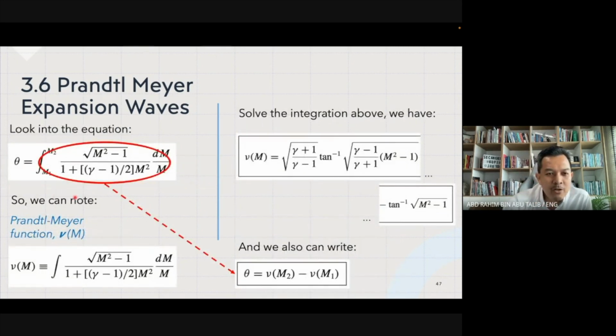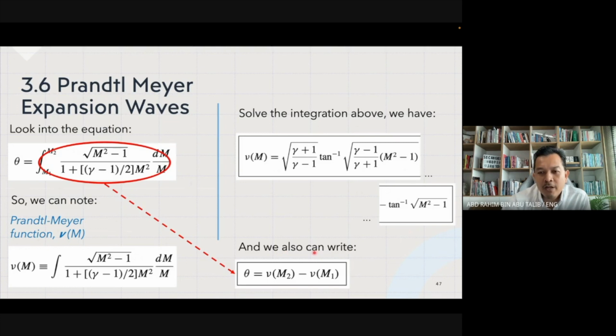So look into the equation of theta, right? We can note that the Prandtl Meyer function, v, is a function of Mach number, which can be expressed as this, and solving the integration above, we will then get this expression.